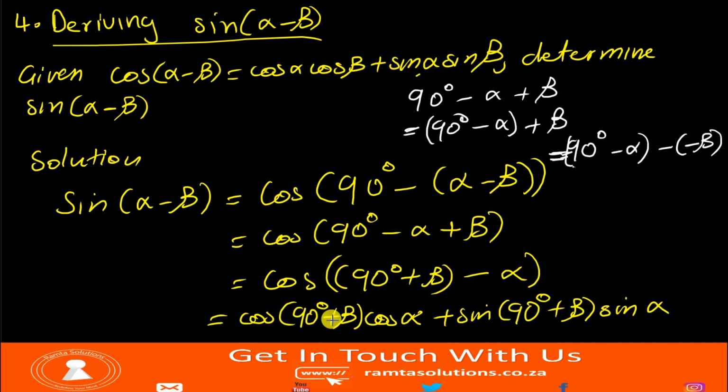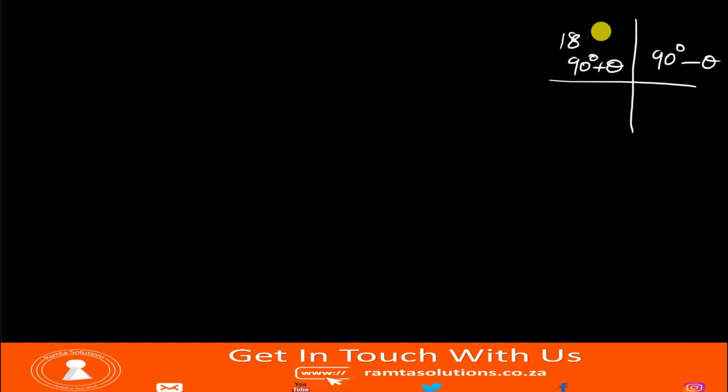In the 90 degrees plus quadrant, let me remind you the CAST diagram. We had 90 degrees plus, 90 degrees minus, 90 degrees plus, or this one was 180 degrees minus, right?